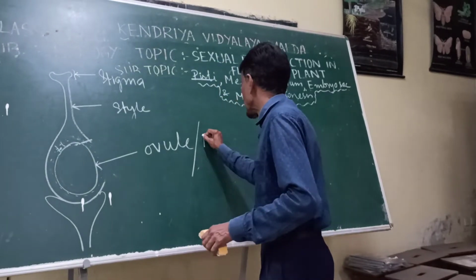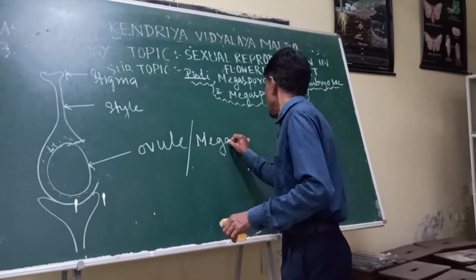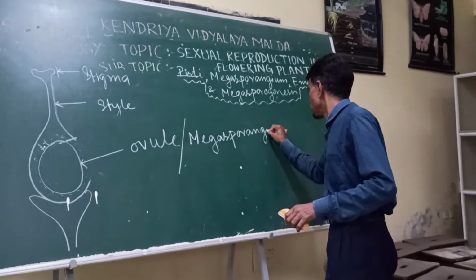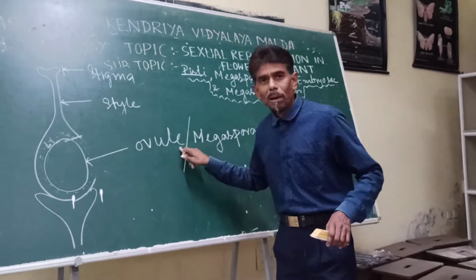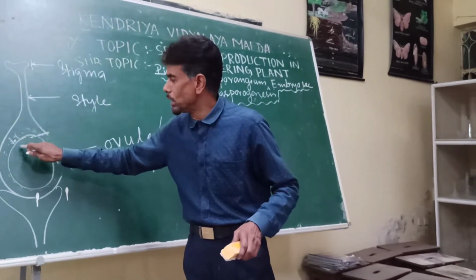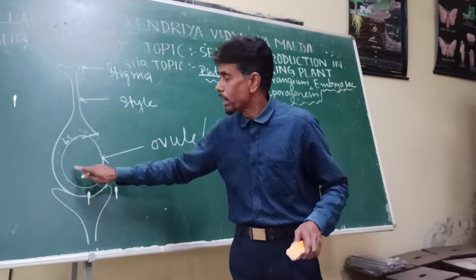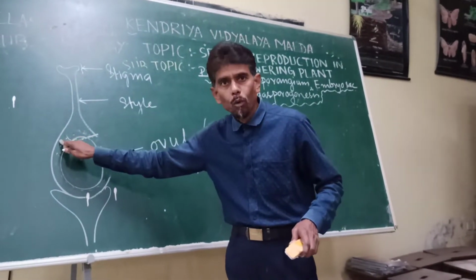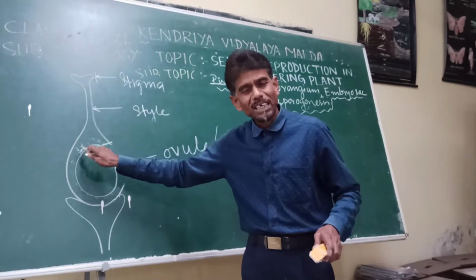Ovule or megasporangia. So this megasporangium or ovule remains within the ovarian locule, connected with the body of the ovary by the placenta.